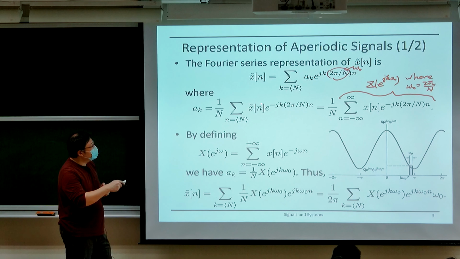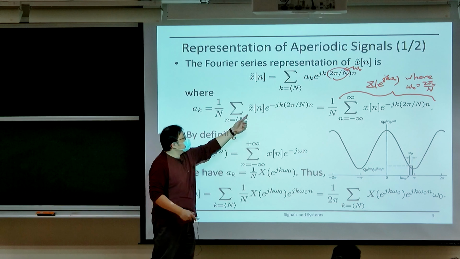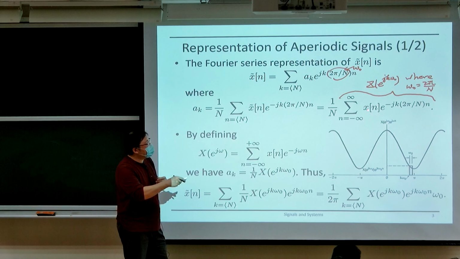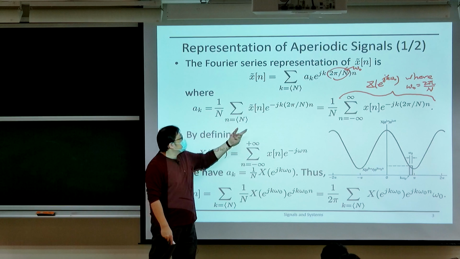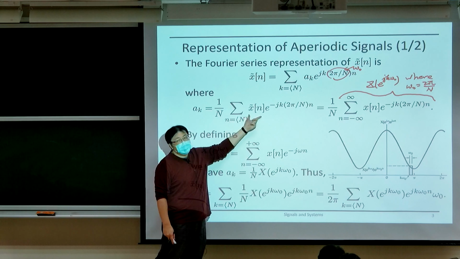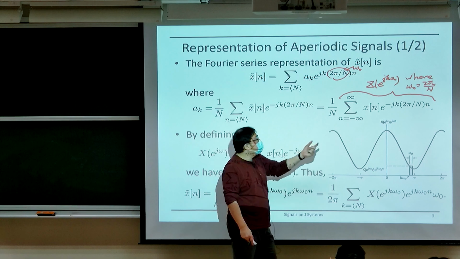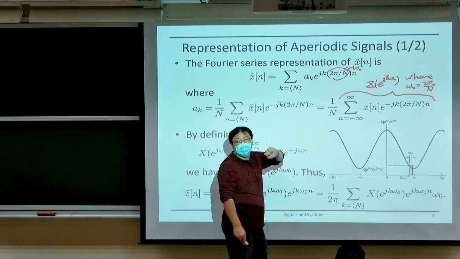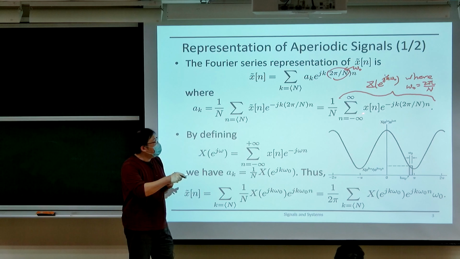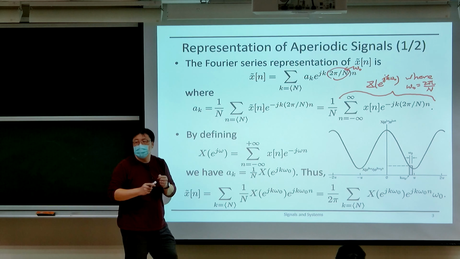Now, since x tilde of n is obtained by repeating x[n] every integer multiple of capital N, instead of summing over one period of x tilde, I can replace x tilde with x[n] and then extend the summation to infinity, because x[n] is 0 beyond one period.